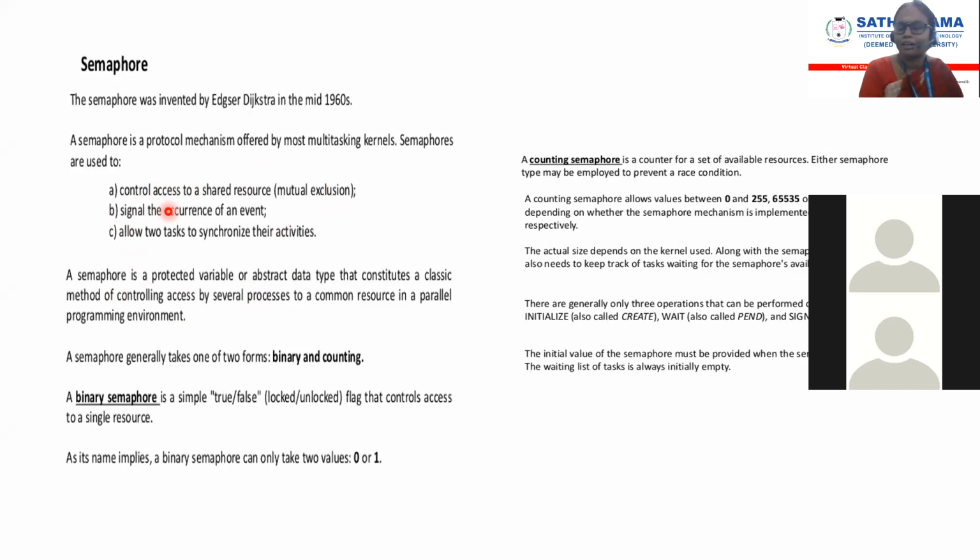When two tasks come at a time, it decides which task has to be done, or how the resource is shared. The next is counting the number of occurrences of an event. And the third is allowing two tasks to synchronize their activity. So that is a semaphore. It is a protocol mainly dealing with multitasking. Good, Aruna Devi. I told you a semaphore can be in binary form or counting form.